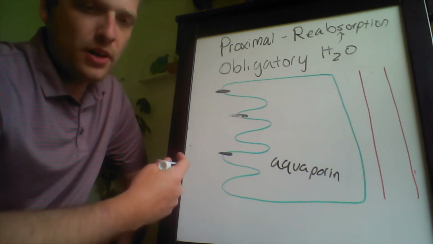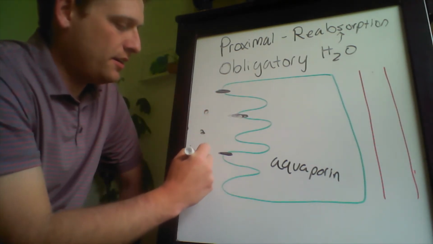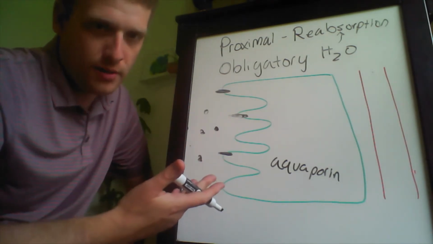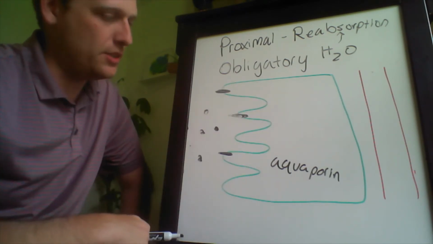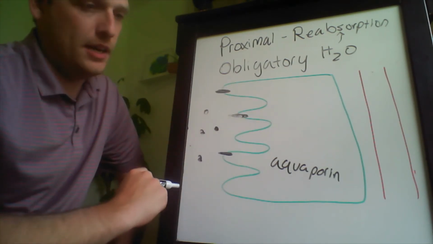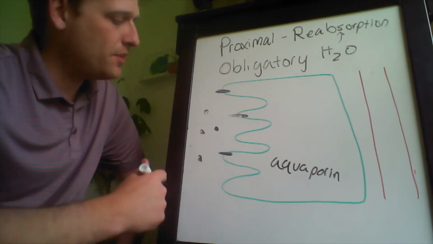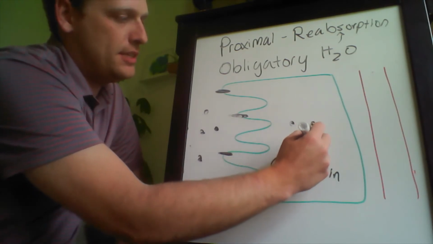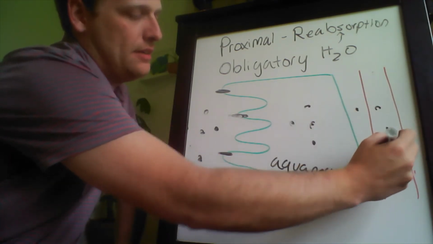So what we've talked about up to this point is you have solutes out here in the filtrate, things like glucose, sodium being reabsorbed. We've shown sodium pumps bringing sodium across, amino acids, waste, other things. So you have movement of lots of solutes into the cell and then back out of the cell and into the blood.